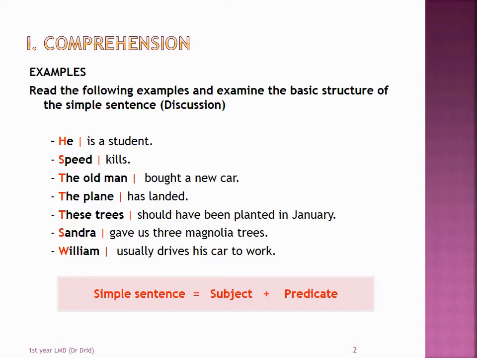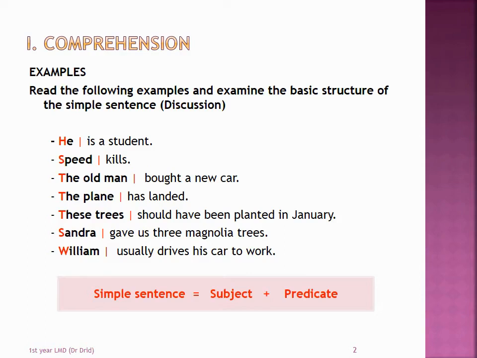The same thing is found in all these examples. So, speed kills. Speed is the subject, what we are speaking about here, and we say that it kills. This is the predicate. The old man bought a new car. We are speaking about the old man. What did we say about the old man? We said, bought a new car.